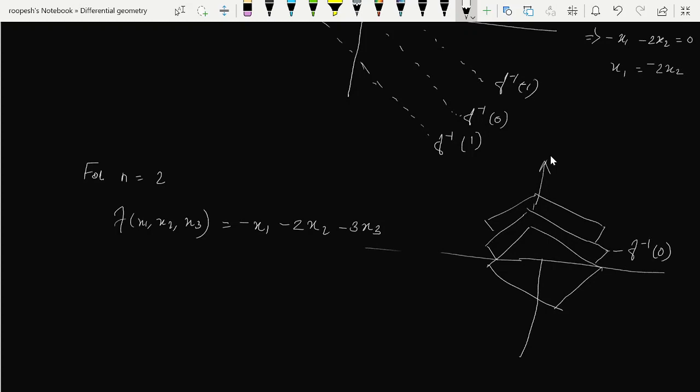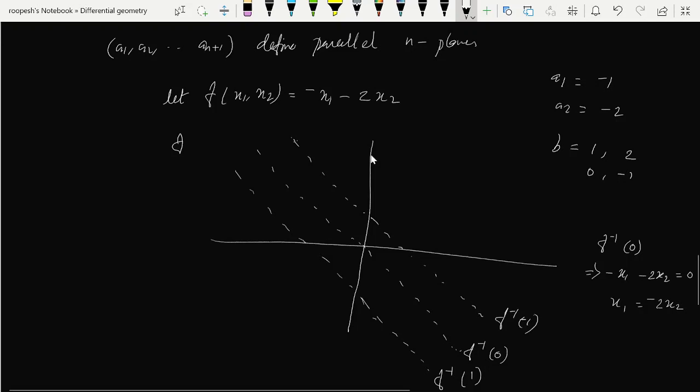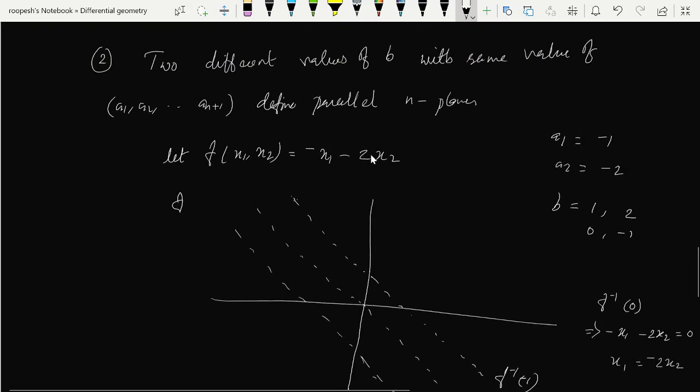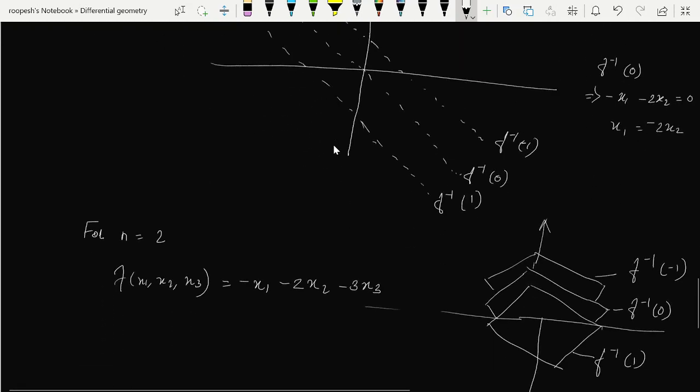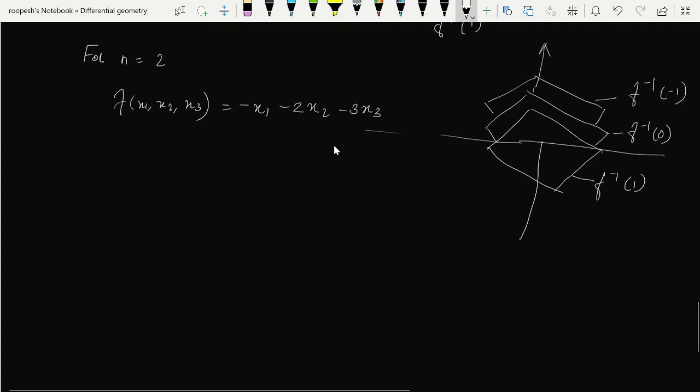Now this should be your f inverse of 1, and this one should be your f inverse of minus 1. So something like this we will have. Anyway, in your previous example, when you have fixed values for a1, a2, a3, up to an plus 1, and different values for b, we'll get parallel planes. That's the idea.